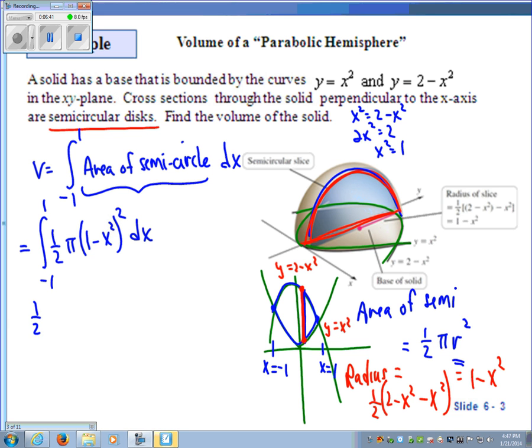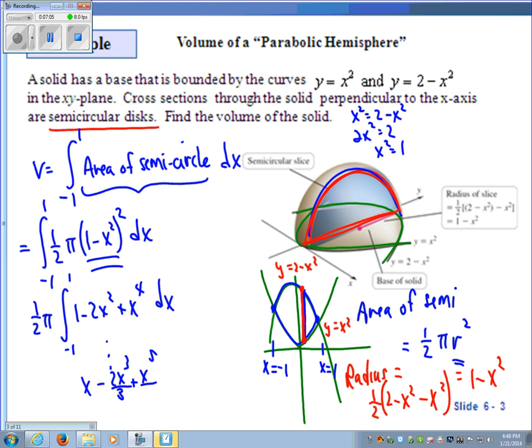And you can go ahead and finish this. I'd pull the 1/2 pi out in front. I would need to square this out. I can't use a u substitution since I don't have an x outside of the parentheses. So I would have 1 minus 2x squared plus x to the 4th, and that's going from -1 to 1 still. So I'm going to just use the power rule. So you're going to have x minus 2x cubed over 3 plus x to the 5th over 5, and all that's evaluated from -1 to 1.